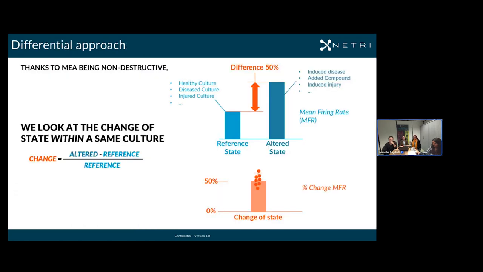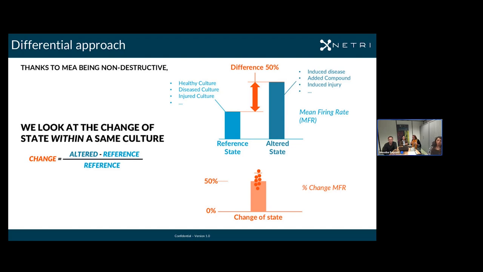So it is essential for us to have this first baseline reference recording. For each compound, induced disease or induced injury, we can compare the electrophysiological activity in this altered state to the reference state and look at the percentage of change within the same culture.